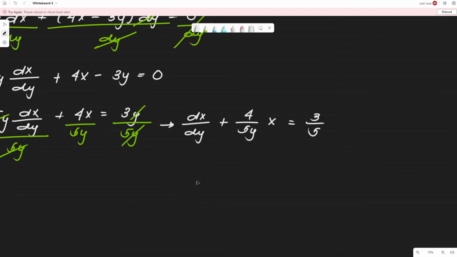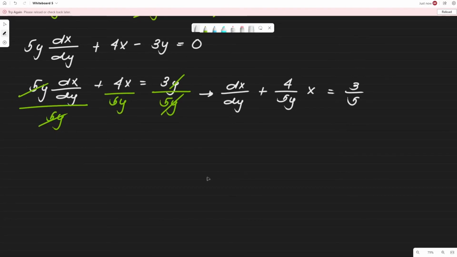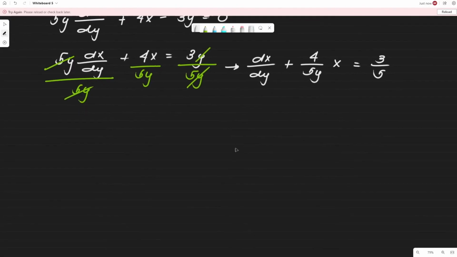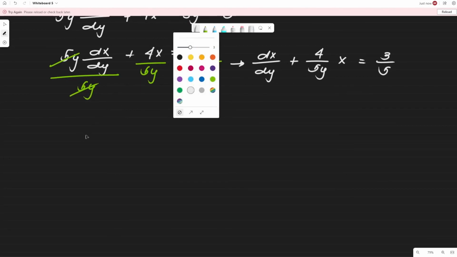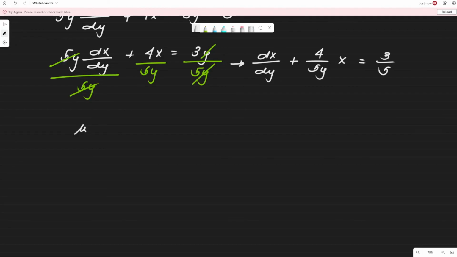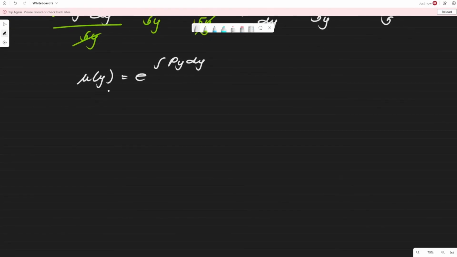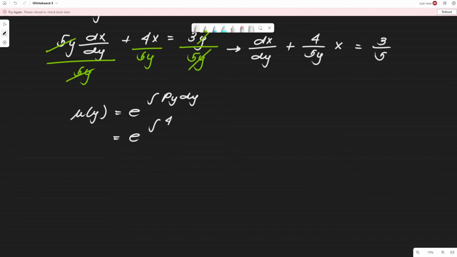Okay, so, ayan. So, we'll have mu of y is equal to e raised to integral py dy na, no? Py dy. Kasi linear in y na nga tayo, okay? Hindi siya pwedeng maging px dx kasi it will not make sense. Mali yung makukuha ninyo. So we'll have e raised to the integral of 4 over 5 dy over y.